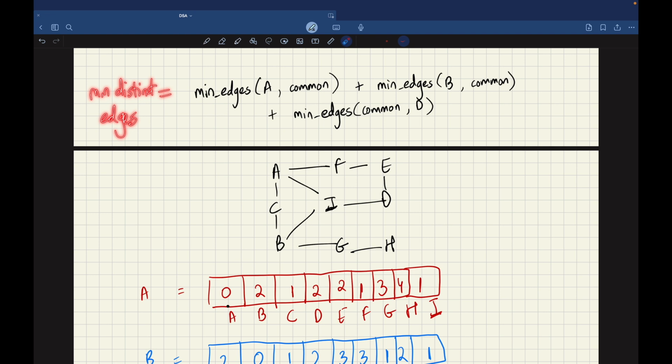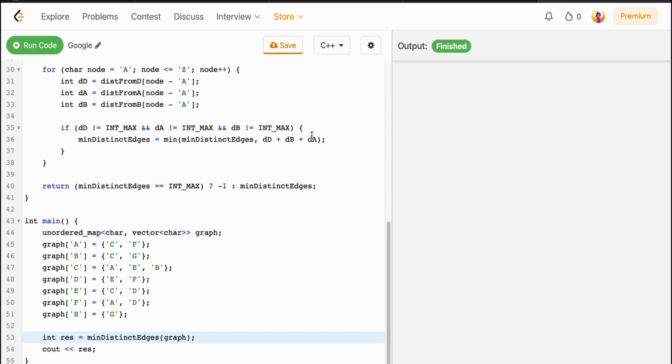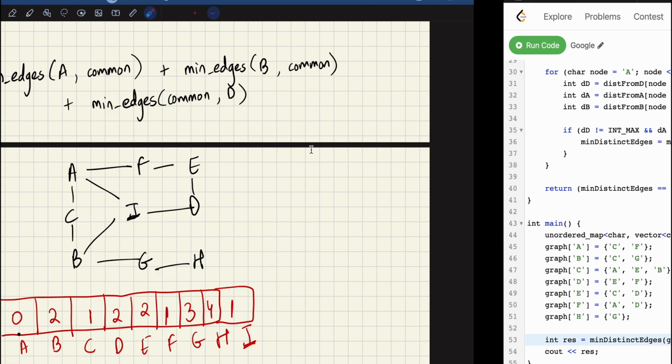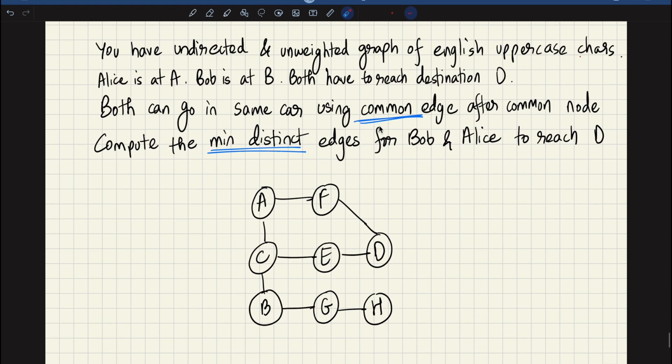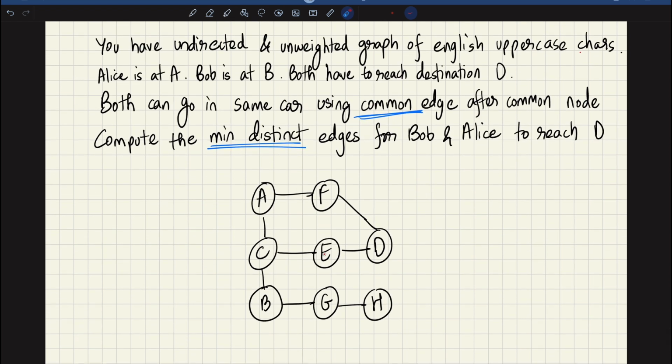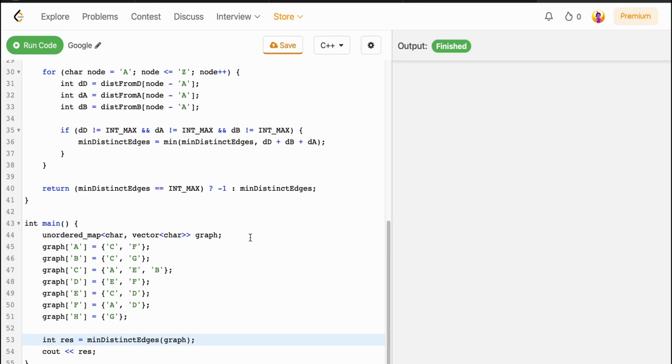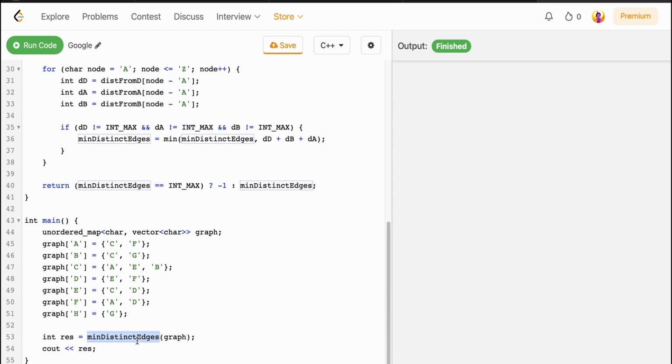Now let's move to the code. In the code, we are using the first test case, and for this test case we already know the answer would be 4. We have the adjacency list over here, and I'm passing that adjacency list to this function, which will return us the minimum distinct edges if it is possible.